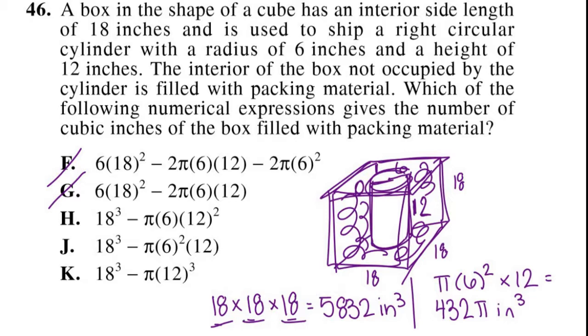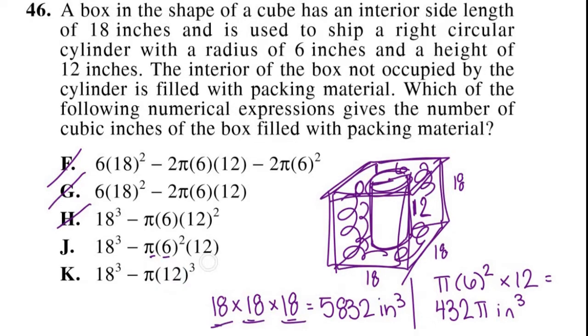So here we have minus pi times radius, not squared. Here we have pi times radius squared times 12. This one matches. Moving down to K, we see we have pi times diameter or height cubed, which is not correct either. We know that the answer to 46 is J.